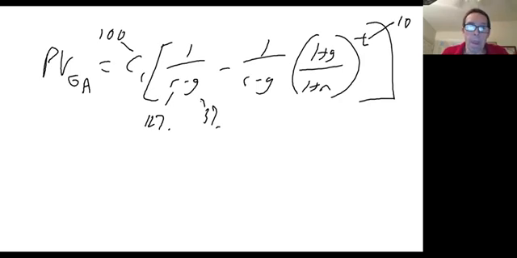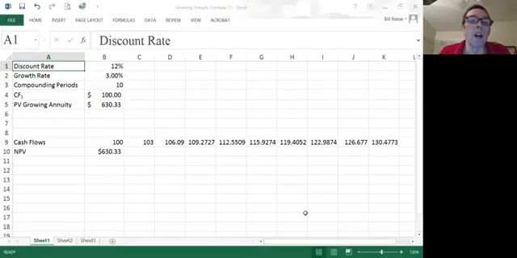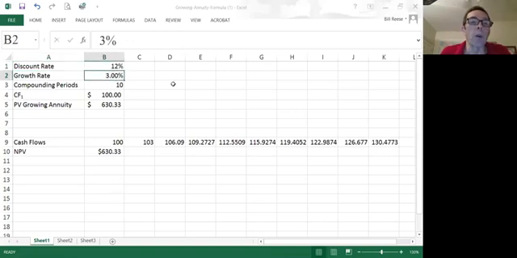Okay, make sure I can find it. Here we go. So what I've done is I've set up the same problem we're dealing with here, where the discount rate is 12%. These are all our variables. The growth rate is 3%. The number of compounding periods is 10. The cash flow at time 1 is $100.